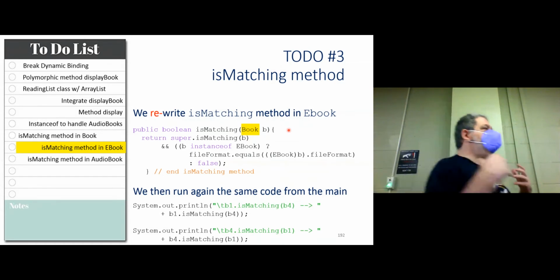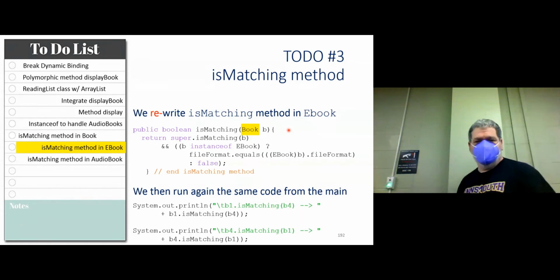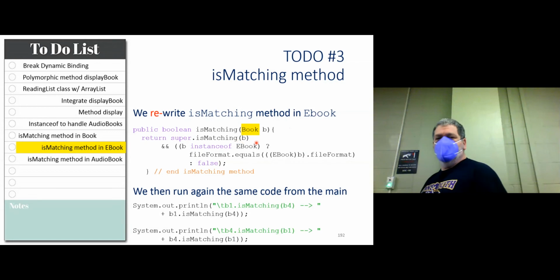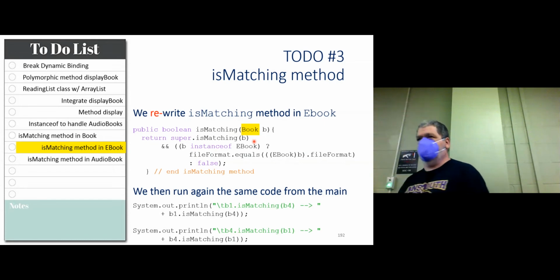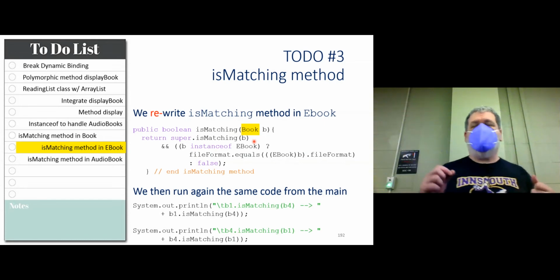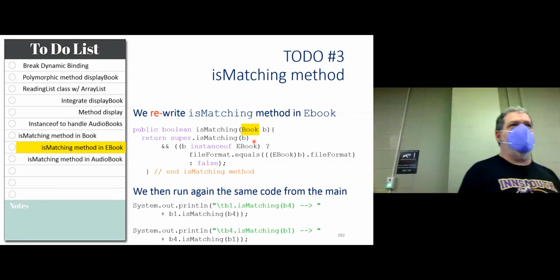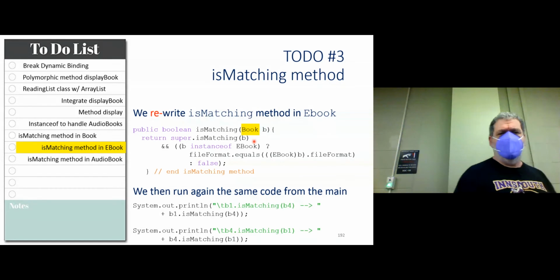That allows us to guarantee that we override the version from the superclass. The rules are kind of the same. I'm going to call super.isMatching(b). So I'm trying to get the superclass version to first make the comparison between the three base attributes. Just like we did in the previous version, nothing new.